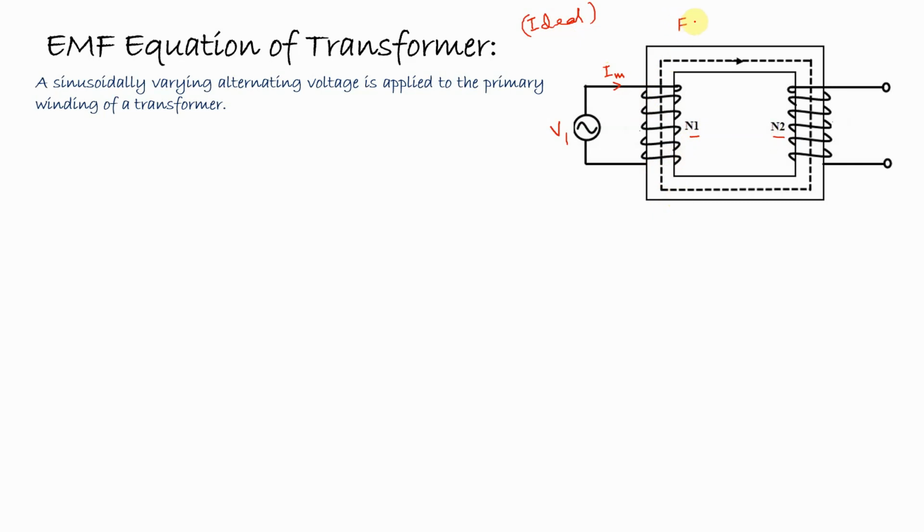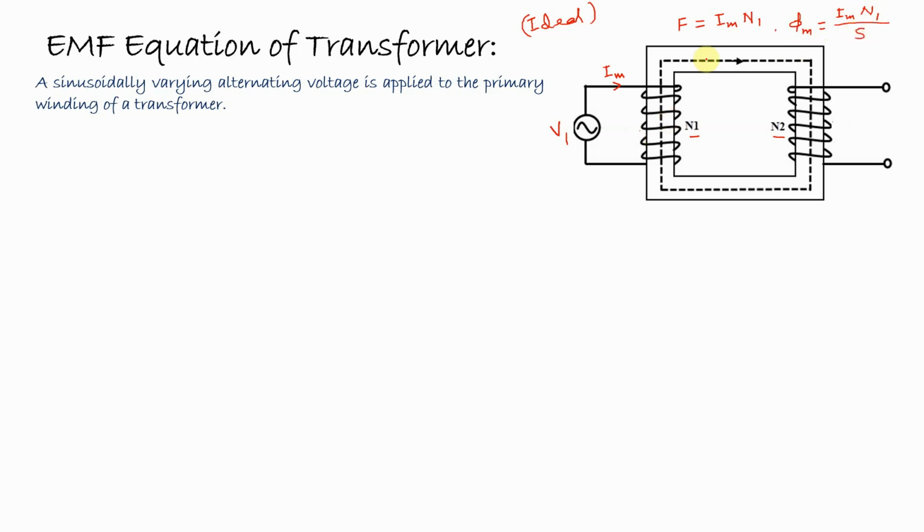The magnetomotive force will be represented as the current in the primary winding into the number of turns of the primary side. And hence the flux will be developed. This is called the mutual flux. It will be the magnetizing current into number of turns of the primary upon the reluctance.